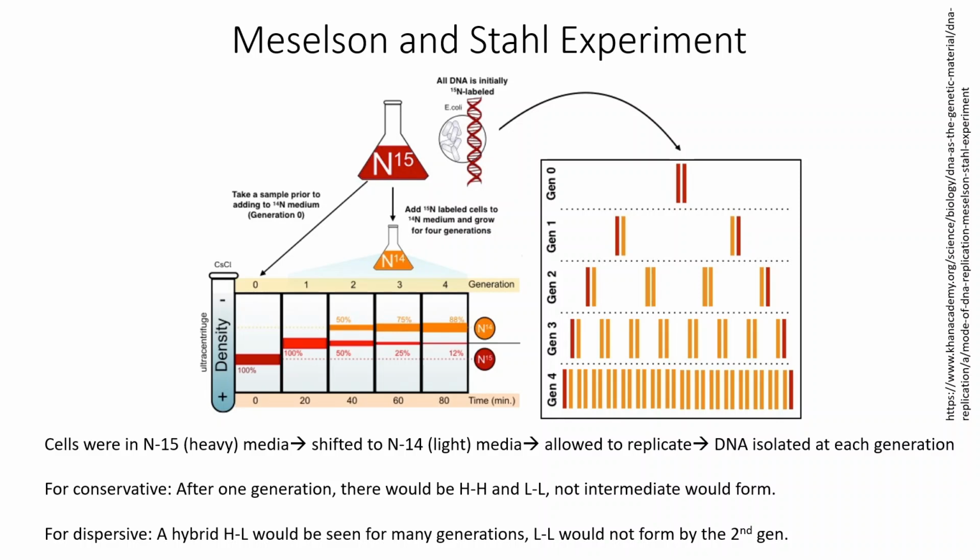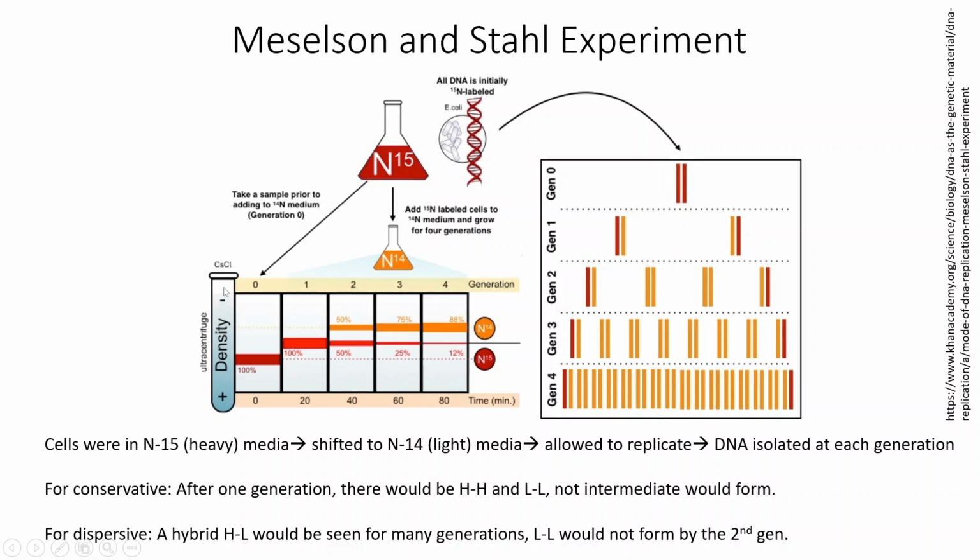And then these cells were added to 14N, regular nitrogen supplemented media, and grown for a couple of generations. At each generation, they performed cesium chloride density gradient ultracentrifugation, meaning you have a density gradient formed by a solution of cesium chloride.